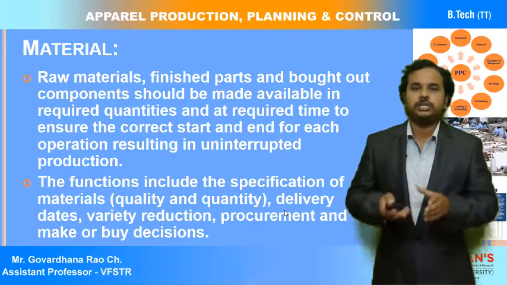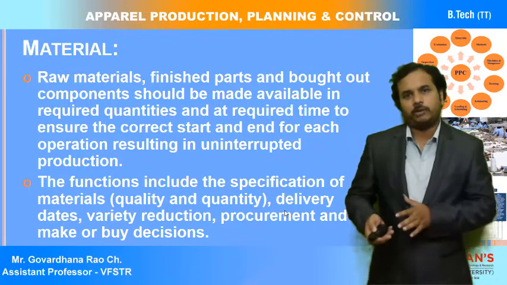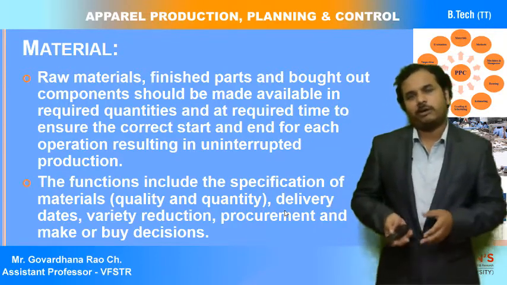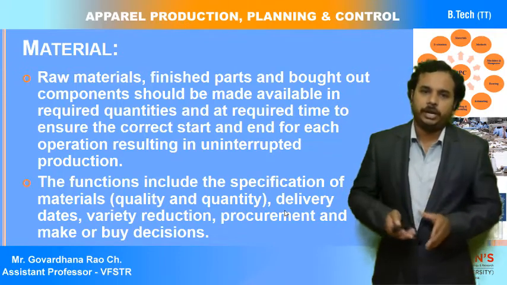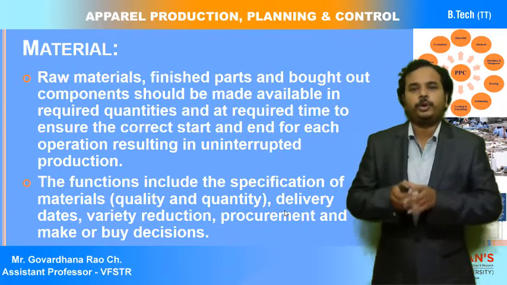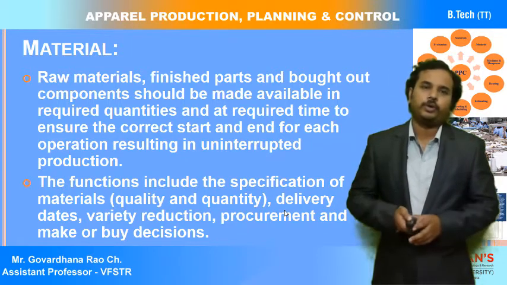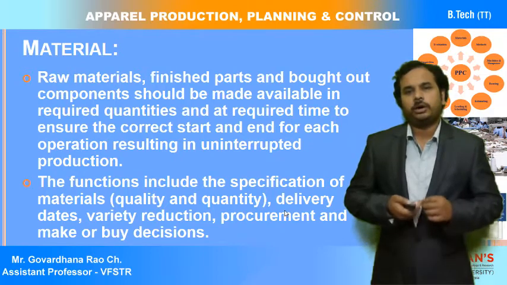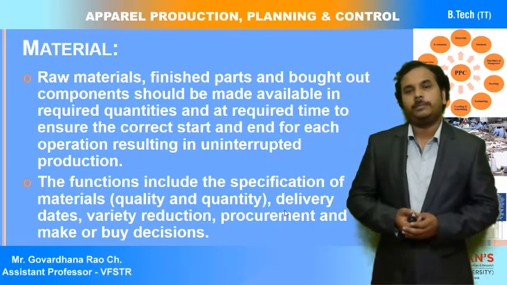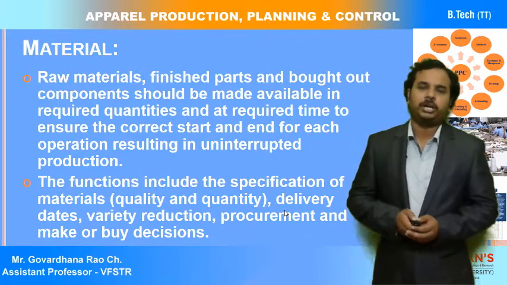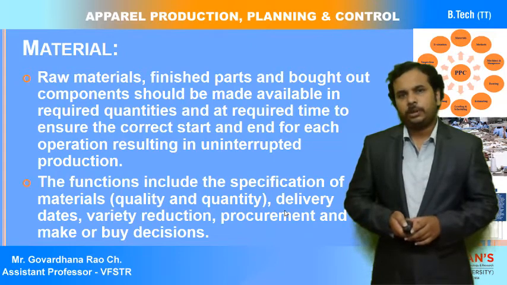The functions include the specifications of material, that is quality and quantity requirement, delivery dates of the raw materials, variety reduction, and procurement and make-or-buy decisions. This is one type of sourcing of the material required for the particular garment quality. So this is about the material.